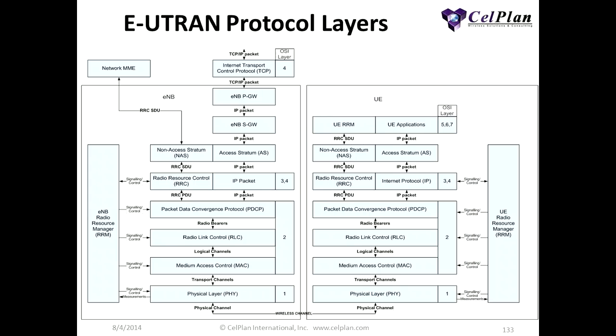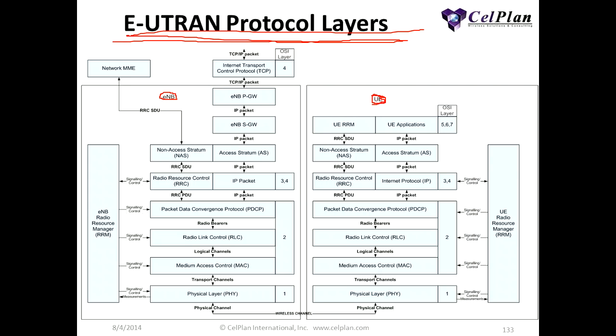Here I have a very interesting diagram, because I am showing the different layers, but contrary to the majority of publications and books, I show both the eNB and the UE at the same time, because the processes are slightly different between the eNB and the UE, and I really have to show them both together.